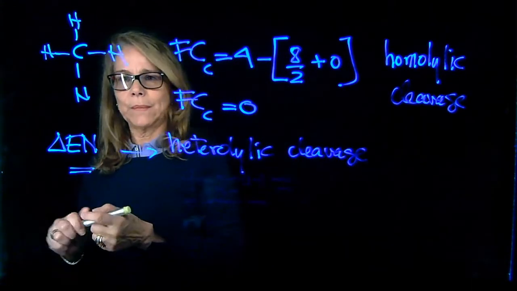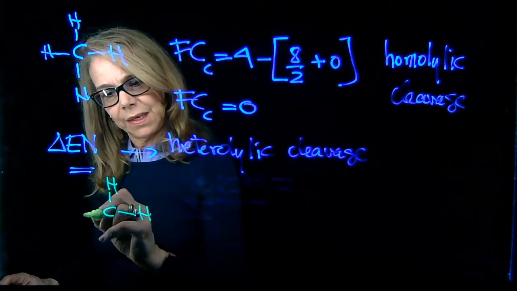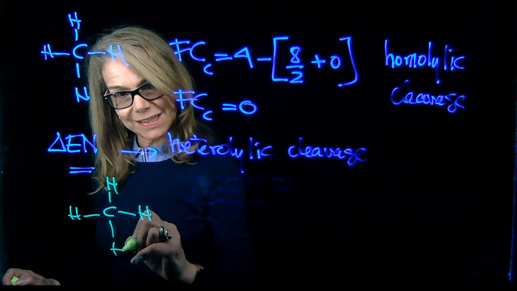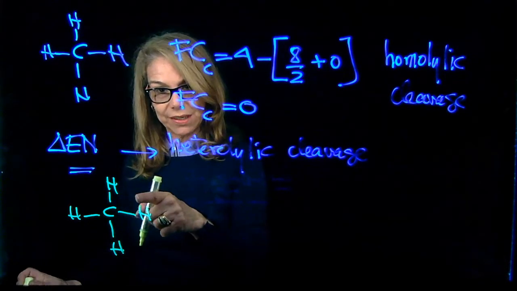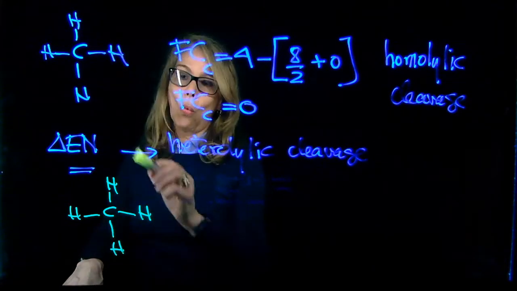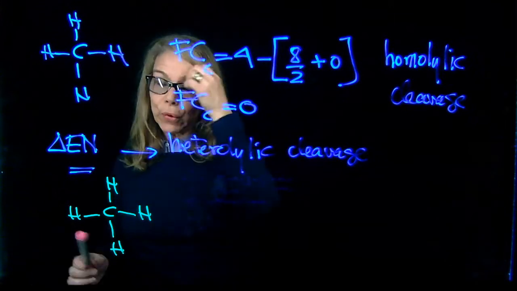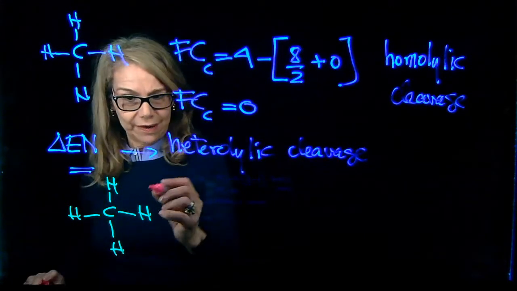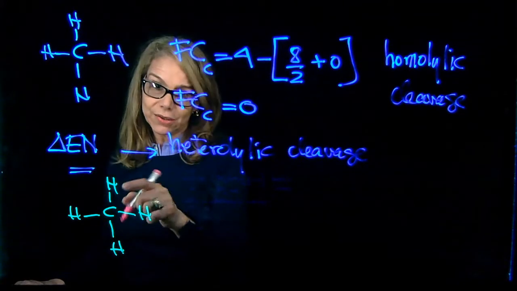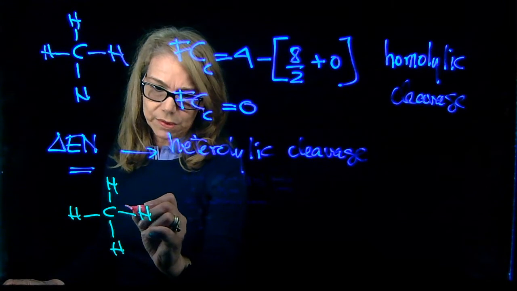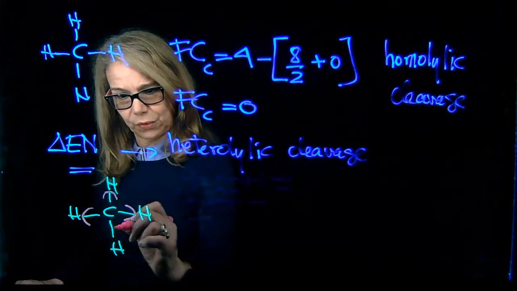So we're going to draw methane, and if you go to your periodic table and see where these atoms are, we know that carbon is more electronegative than hydrogen. So taking into account this difference in electronegativity, when we do the counting, the bonds are assigned to the more electronegative atom. Between these two, the electrons are going to be assigned to carbon. Also this 2, this 2, and this 2.